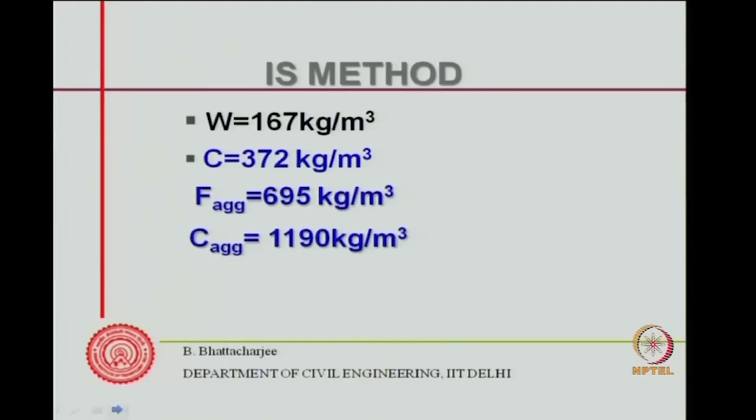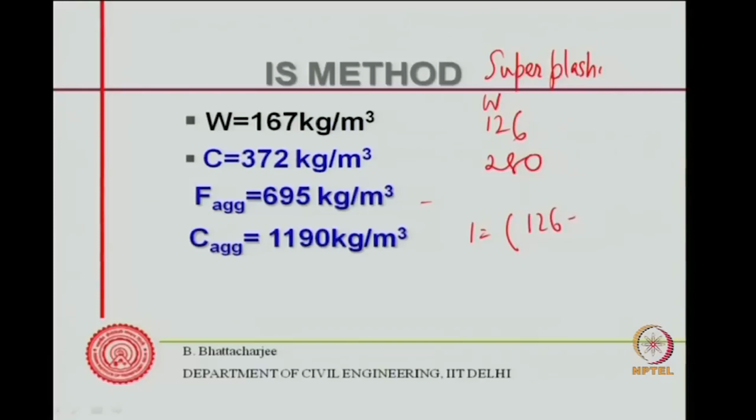Now, if I was using fly ash or super plasticizer, then W will become 126, this will become 280, and correspondingly you can find this out from this formula: 1 equals 126 plus 280 divided by 3.15 plus FAGG divided by (1 minus 0.64) into 2.7.